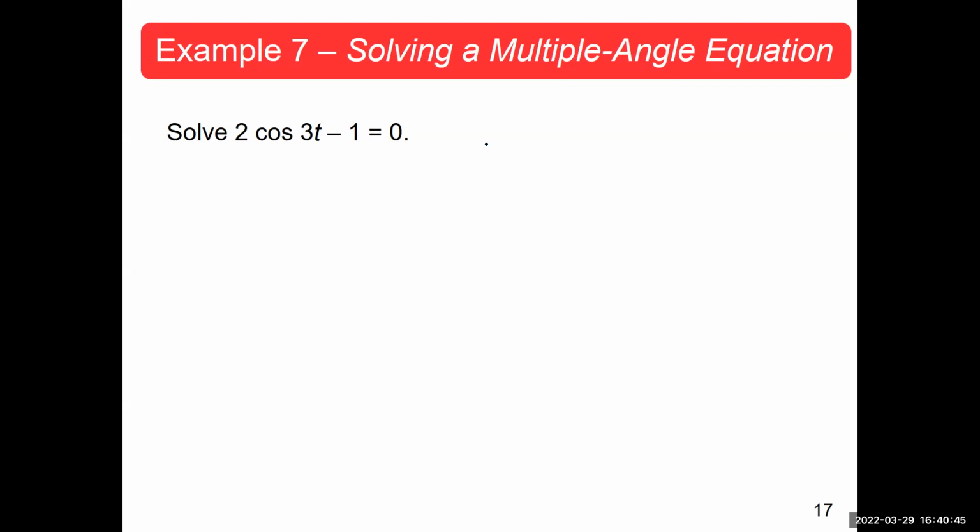Okay. Solve for t. What you do, isolate first the cosine of 3t. So 2 cosine 3t equals 1, by moving the 1 to the other side.